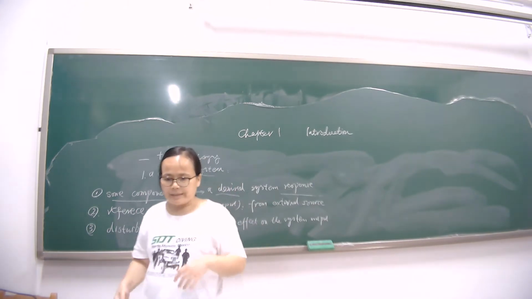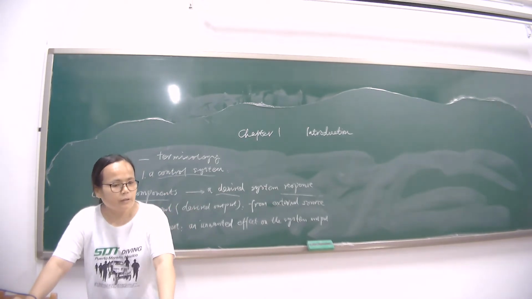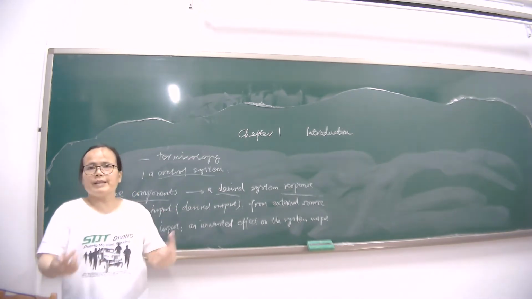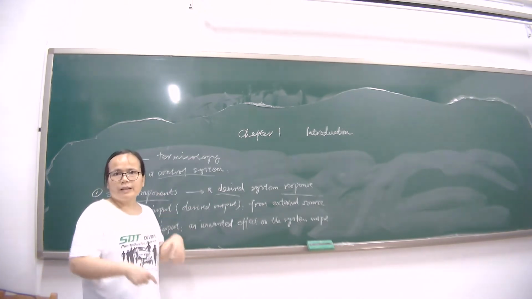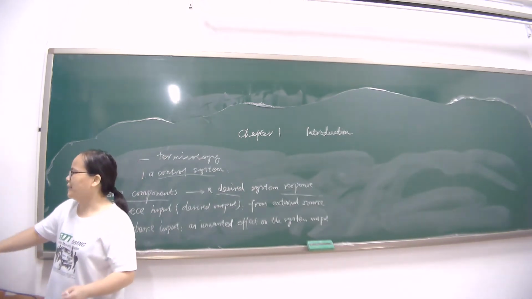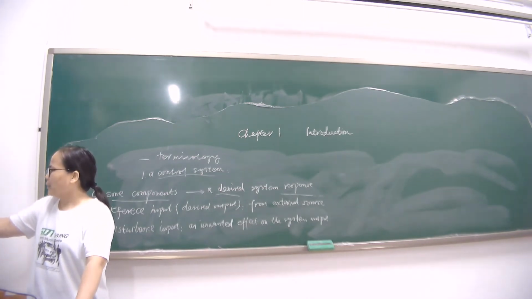Now, this is the terminology. Right. Now, the fourth is the output. What is the output of the control system? If there is an input, then there is an output. For example, if this is a manufacturing machine, we can say up or down.